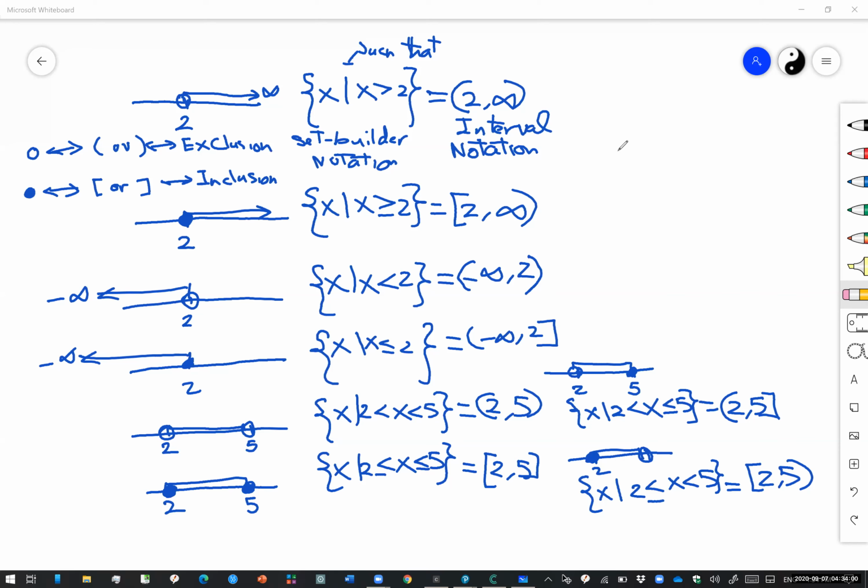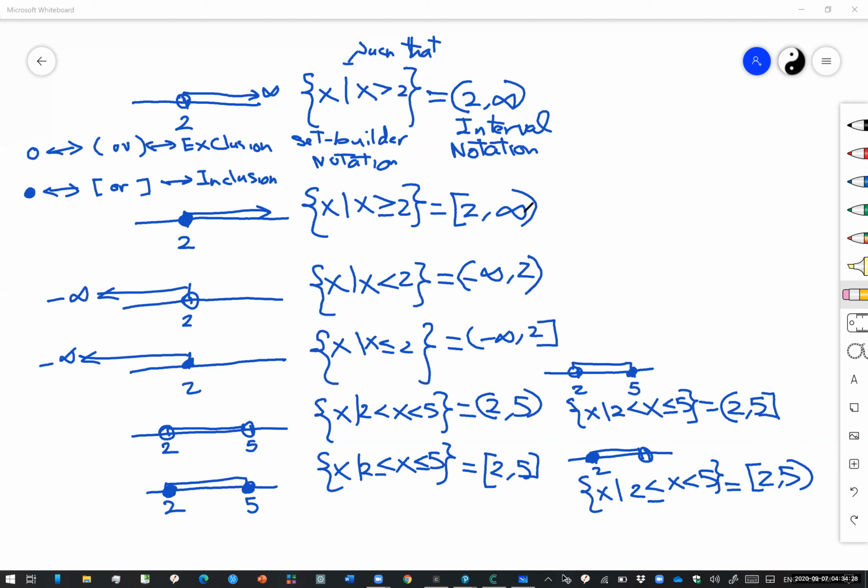Can you just repeat what you said about the infinity, that it should never be next to, is it a bracket? A bracket. Right, okay, because remember, you only put a bracket either on the left or the right if a number is included. You get it? So like here, 2 is included in this set, right? So that's why you have to put a bracket next to 2. That means include the 2, right?